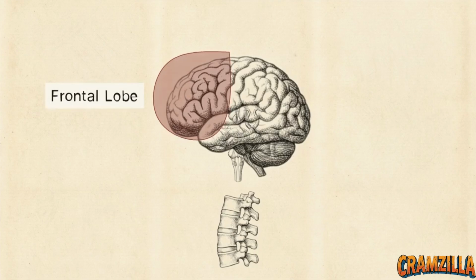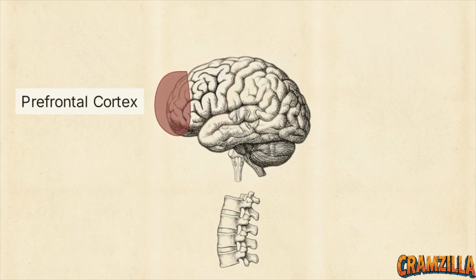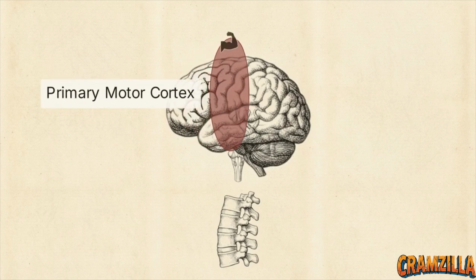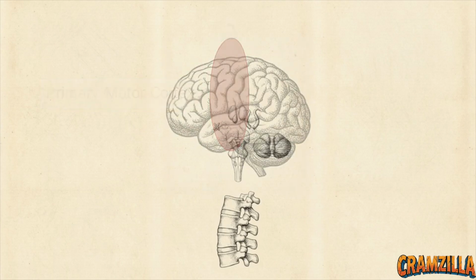It is highly compartmentalized. The most anterior section, the prefrontal cortex, dictates impulse control. Moving backward, the premotor cortex holds learned movement blueprints. Finally, the primary motor cortex executes the command, acting as the origin of the corticospinal tract.